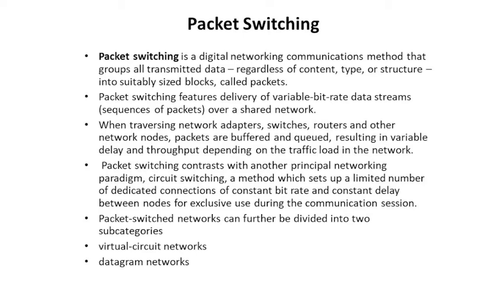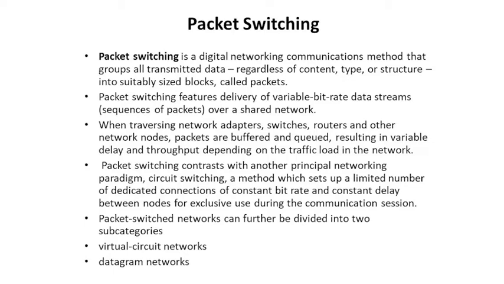Packet switching. The next type of switching network is packet switching. Packet switching is a digital networking communications method that groups all transmitted data, regardless of content, type or structure, into suitably sized blocks called packets. Packet switching features delivery of variable bitrate data streams over a shared network.